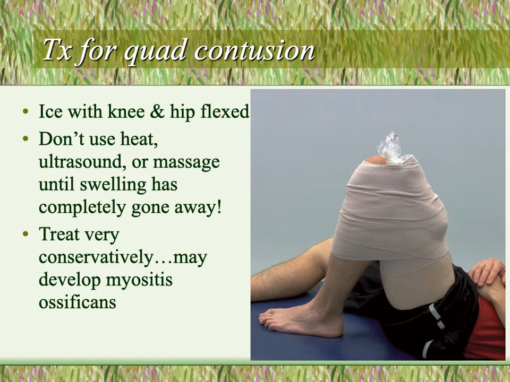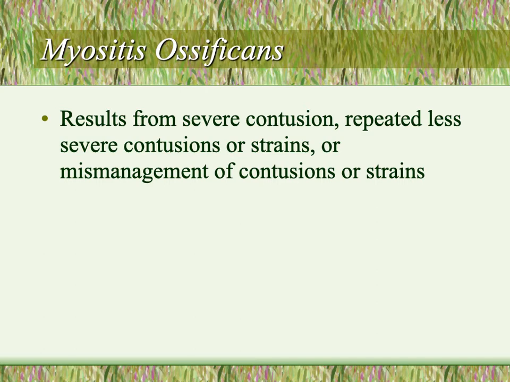And the main reason why is because we may develop this crazy little condition called myositis ossificans, which I'm going to talk about next. So myositis ossificans results from severe contusion or repeated contusions over and over again, or strains, or mismanagement of contusions or strains. We don't pad the area, we don't ice it correctly.